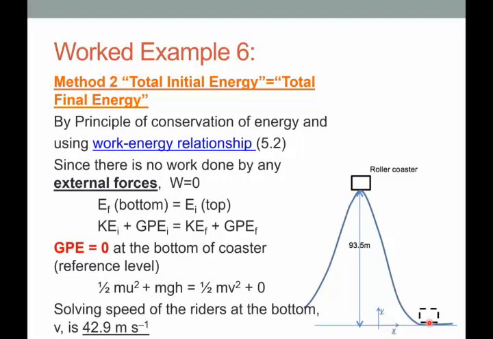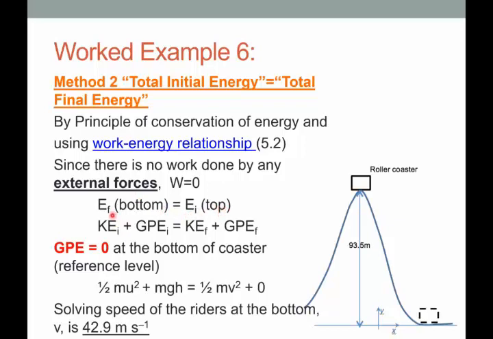Again, the principle of conservation of energy is still the same principle that we work on. Since there is no work done by any external forces, work done is actually zero, since there is no friction or applied force on the roller coaster. So the final energy at the bottom equals the initial energy at the top.